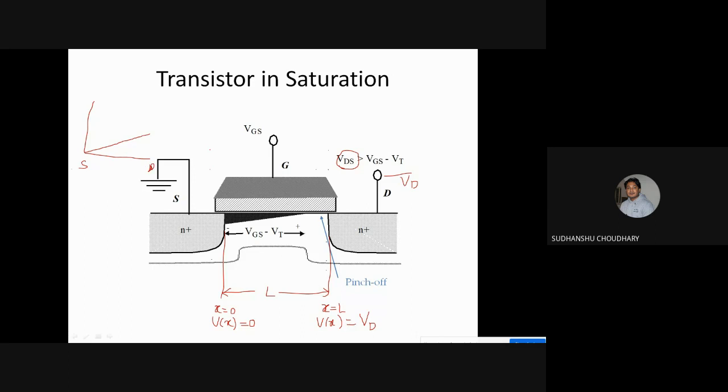This is the x equal to 0 point and this is the x equal to L point. At the source side it is 0 and at the drain side it is VD.